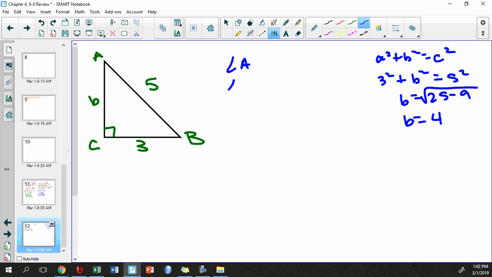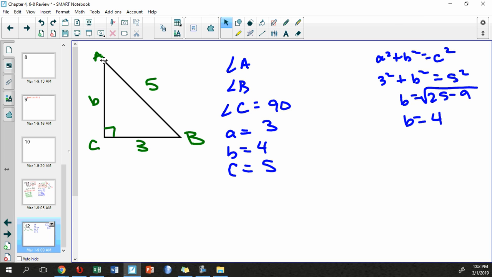So angle A, angle B, angle C, side A, side B, side C. So B is equal to 4, A is equal to 3, and this is 5, and this is 90. So how do I find the rest? How do I find angle A?